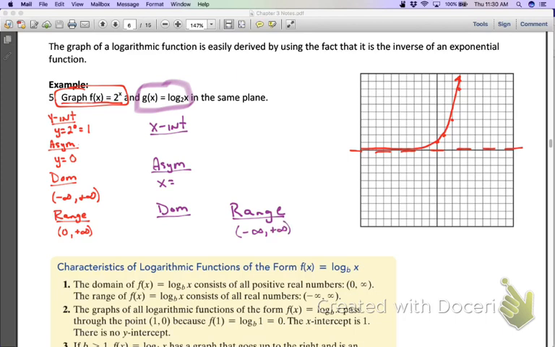Okay. Our asymptote, so whenever we do this, we have log base b, we have an a out in front, log base b of x minus h plus k. So before we always looked at our k, now we look at our h. So it's going to be the opposite of h.